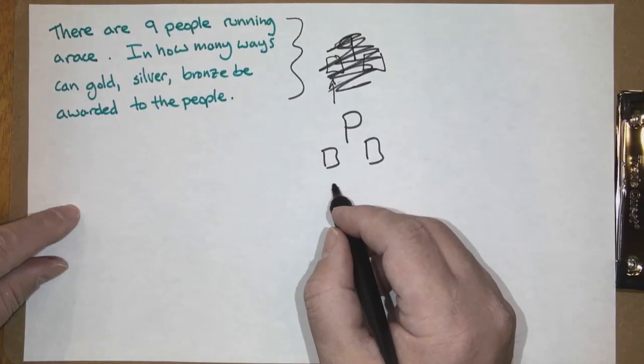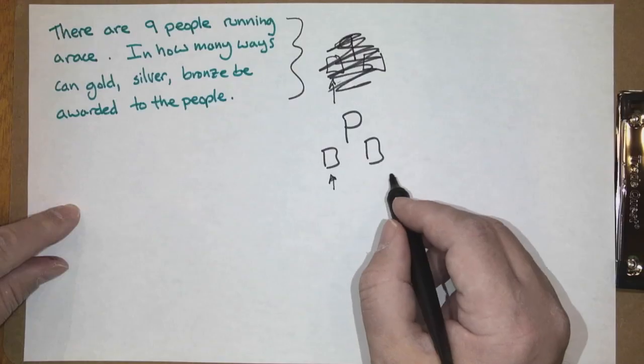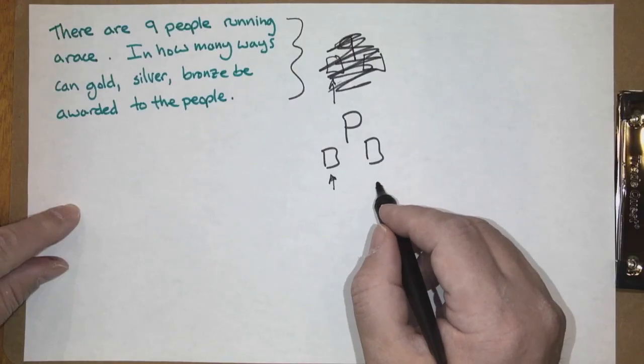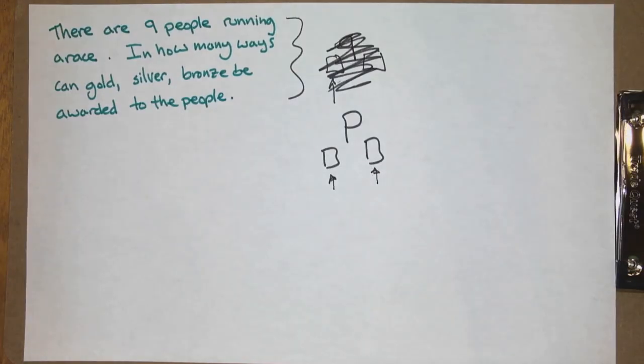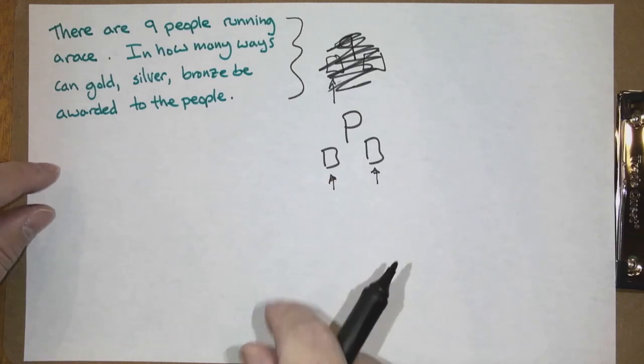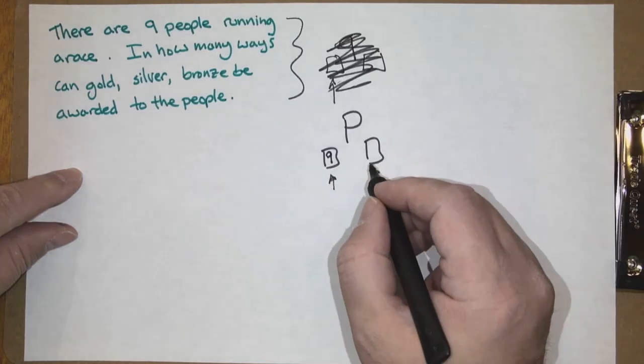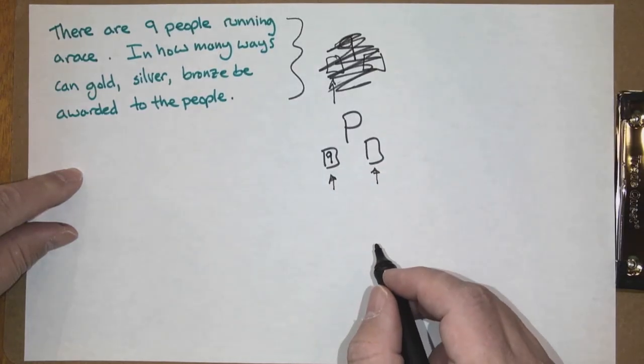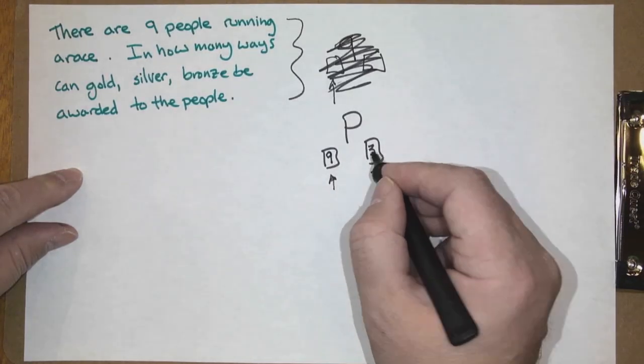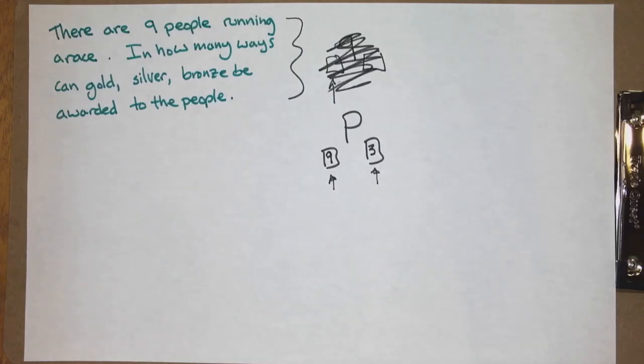So on the left, that's the total number of things. On the right, that's how many you have to pick out and rank or list in some order. What goes in the left? The 9. There's 9 people in the race. What goes in the right? 3. There's 3 positions we have to fill up and sort them in order, 1, 2, 3.